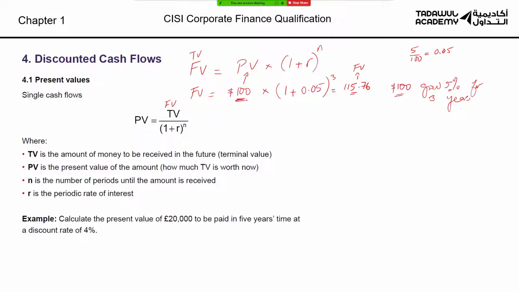Because we multiplied the present value with what we call the growth factor, which in this case is 1.1576. So the $100 has grown 1.1576 times in these 3 years to become 115.76.